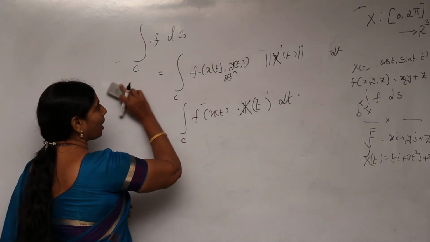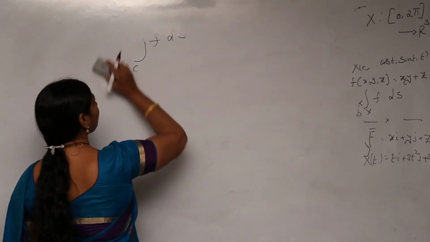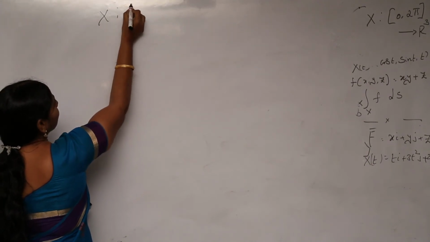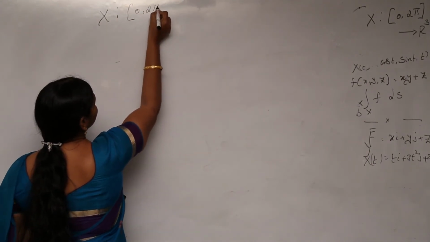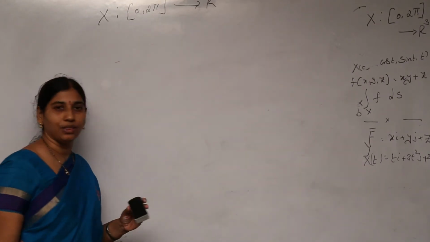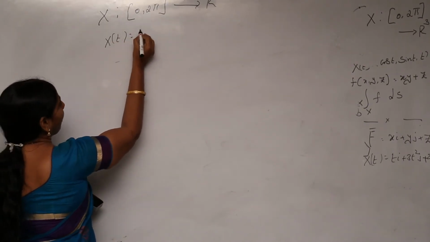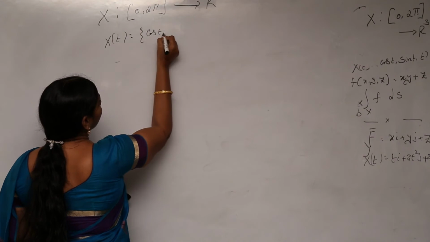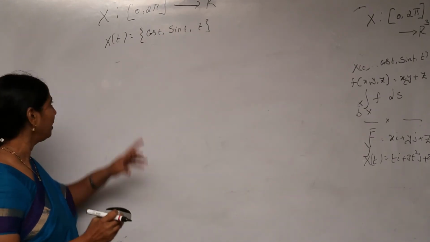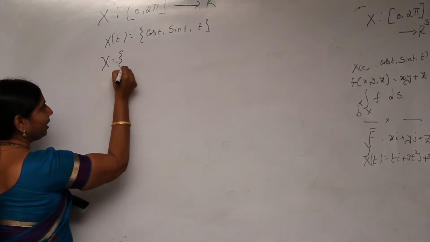Let's see how we compute the line integral with the help of an example. Let us consider a curve X whose domain is the interval 0 to pi, into 3-dimensional space R3, where the curve X of t is defined as cos t, sin t, and t.